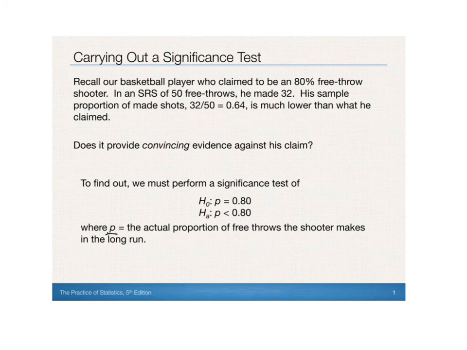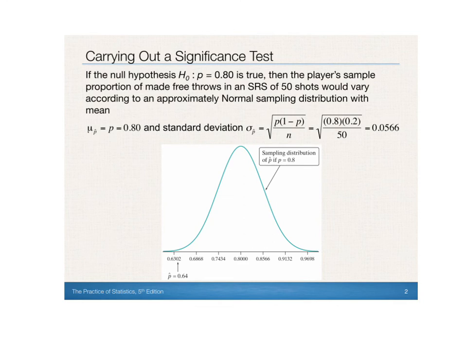Okay, next. Just like in our confidence interval chapter, where we saw how to do confidence intervals by hand, but then we learned how to do them with a calculator, this is going to be similar. So if we were going to do this by hand, we would need to find the standard deviation.